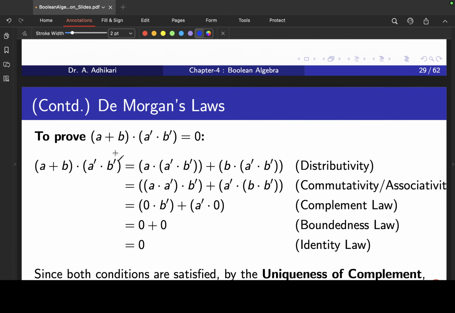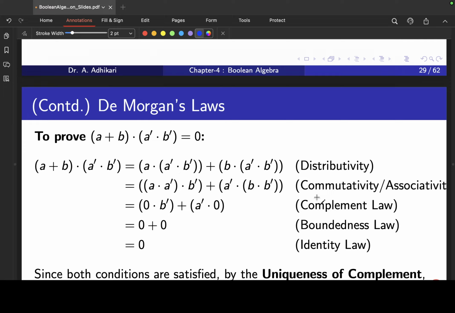Next we prove (A + B)·(A'·B') equals 0. Now this (A + B)·(A'·B') equals, by distributivity, A·A'·B' plus B·(A'·B').